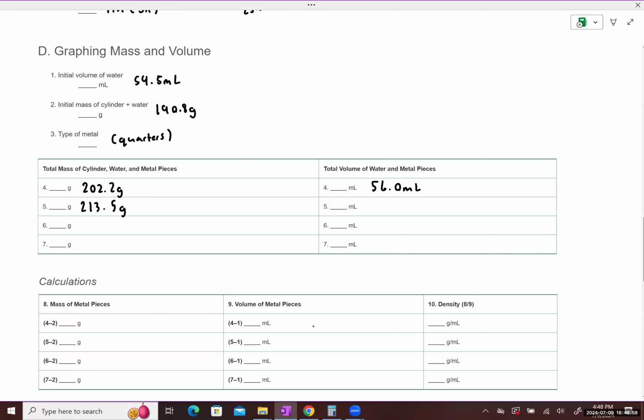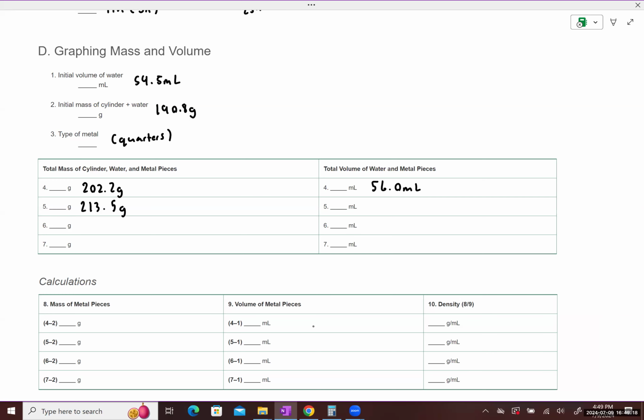Now, one quick way to make sure you're recording the data properly is that if we are adding the same amount of the same solid, the density should be the same. And so the mass and volume should increase in about the same increment.